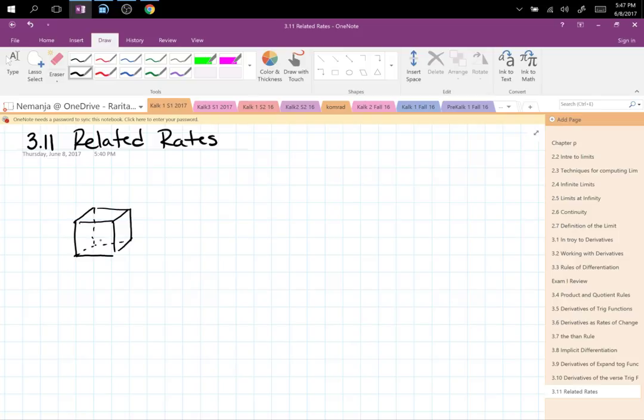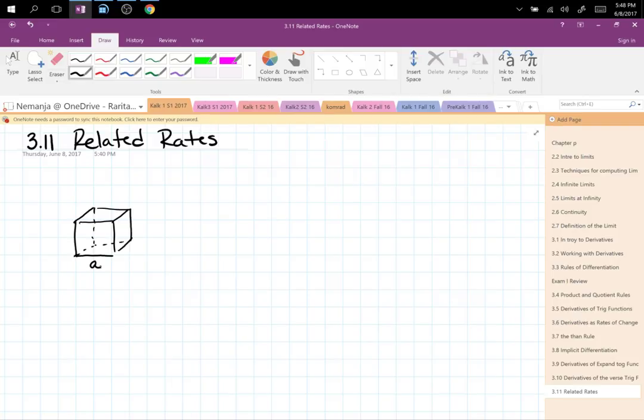It will shrink and eventually disappear. So the object, in this case, is becoming smaller and smaller and smaller. Volume gets smaller, surface area gets smaller, length of each side edge is getting smaller. So all of these values are getting smaller as the ice cube diminishes in the 100-degree weather.